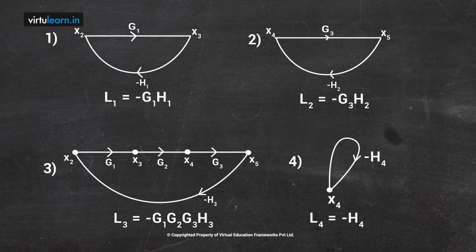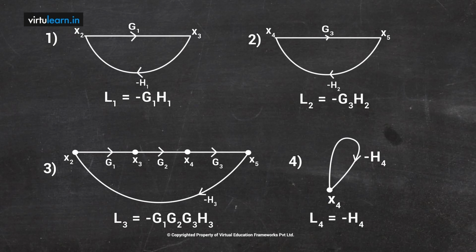Similarly, you can compare L2, L3, L3, L4, all possible combinations, and come up with the two non-touching loop pair combinations. So for this problem, you can say L1, L2 is one combination, L1, L4 is one combination, L2, L4 is one combination, and L3, L4 is one combination. These are the four combinations we get for two non-touching loop pairs.